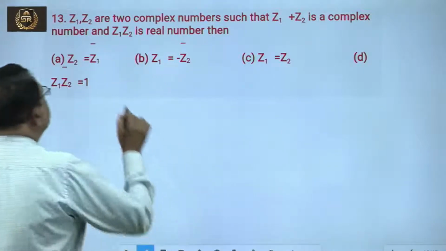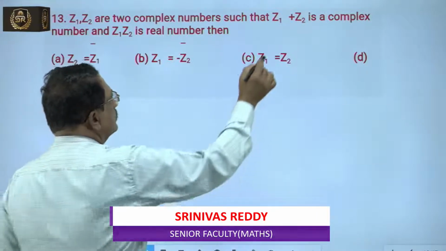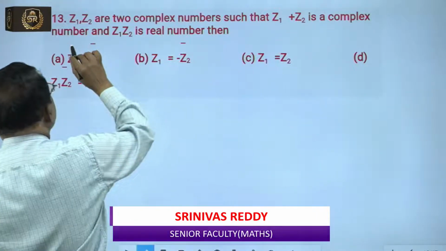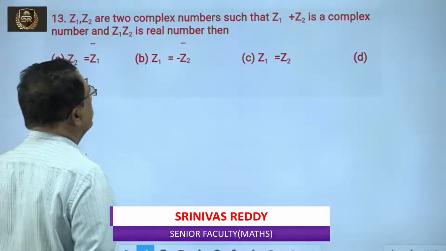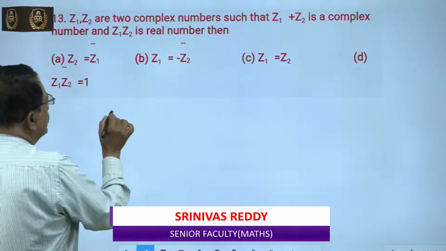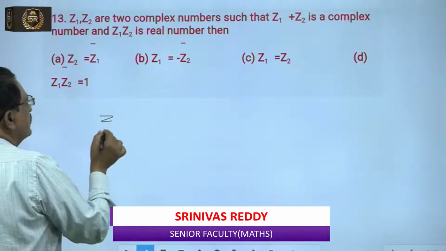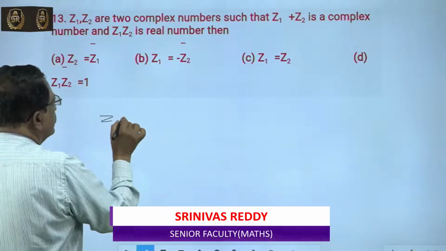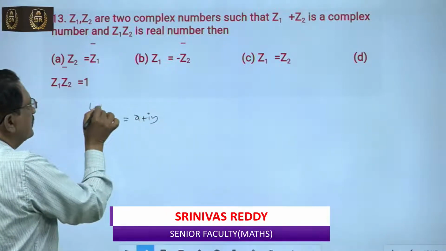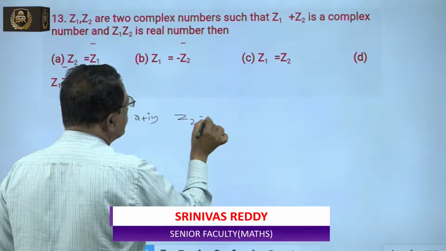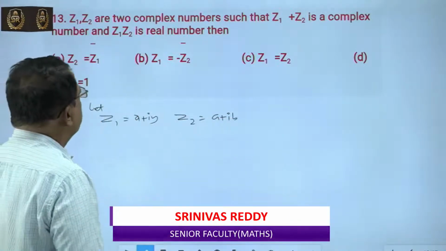Next, z1 and z2 are complex numbers such that z1 plus z2 is a real number and z1 z2 is a real number. Then, first let Z1 equals x plus Iy, Z2 equals a plus Ib.